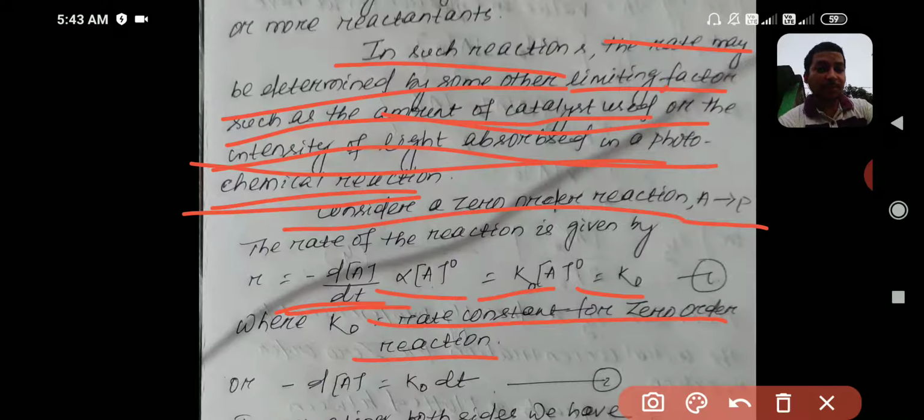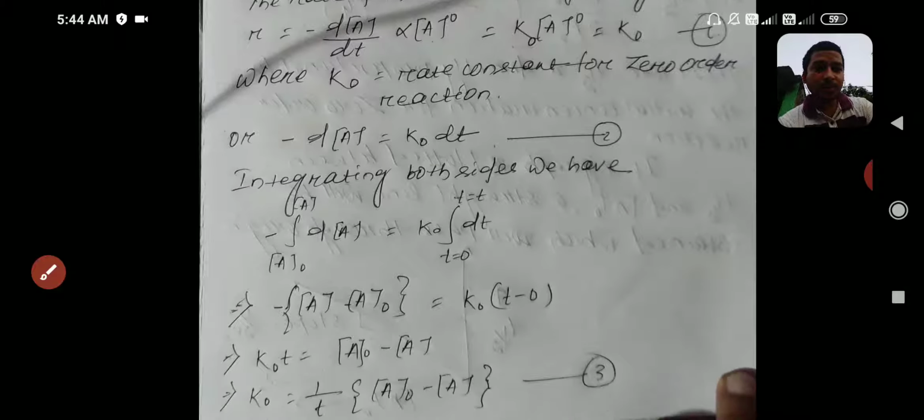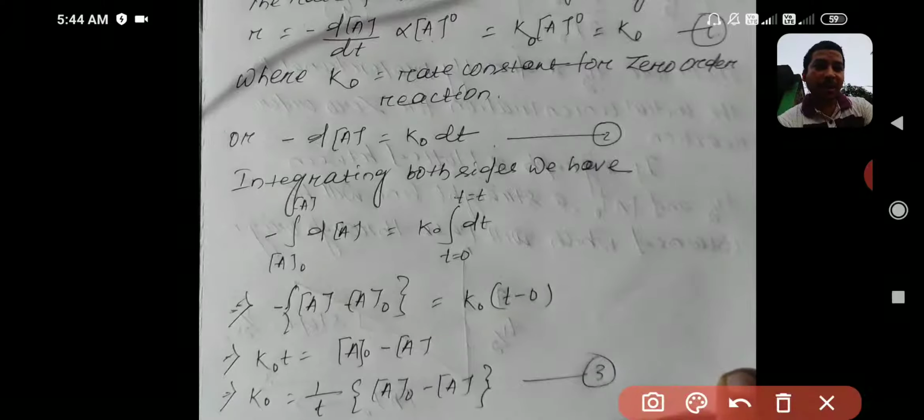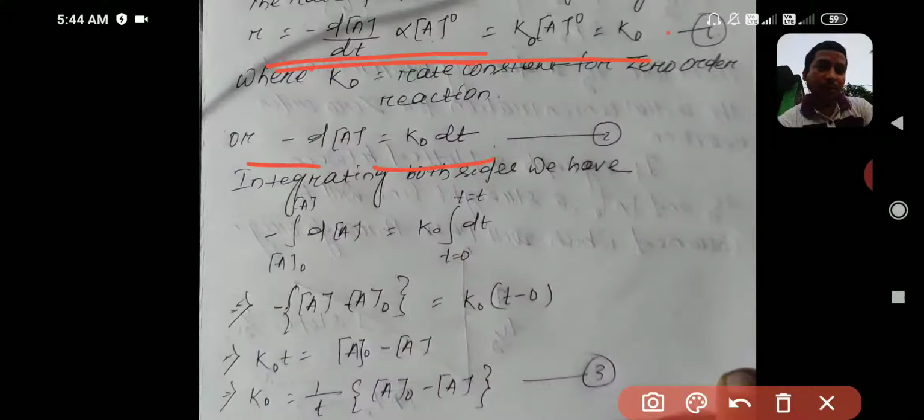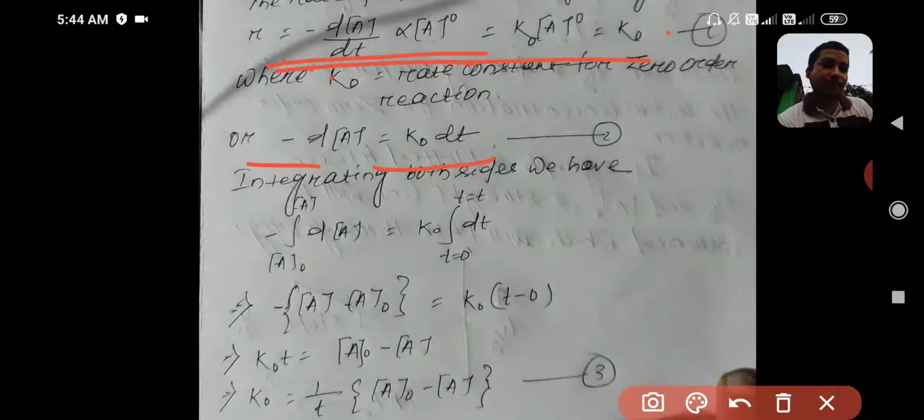Now from this expression we can have minus dA is equal to k0 into dt. We multiply by dt over here. Clear?